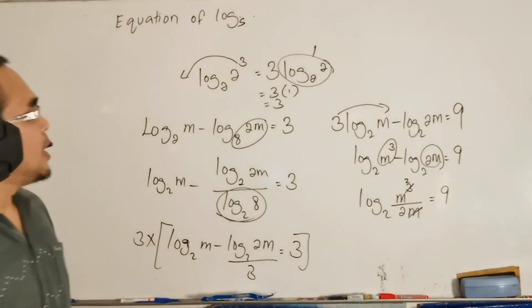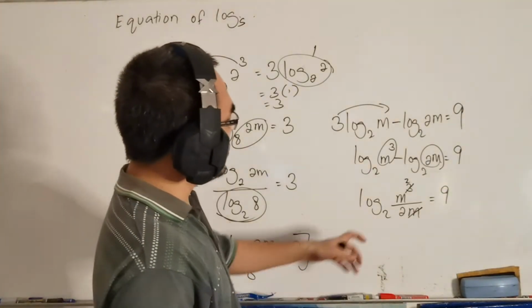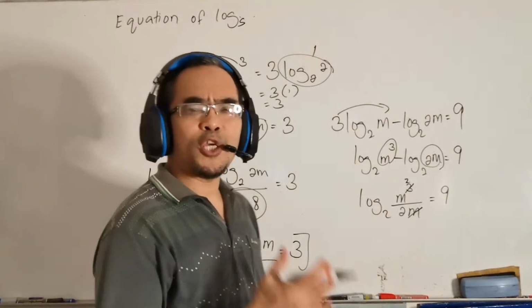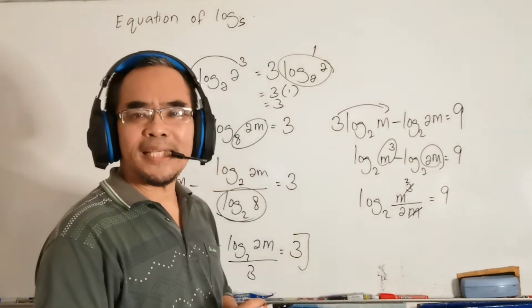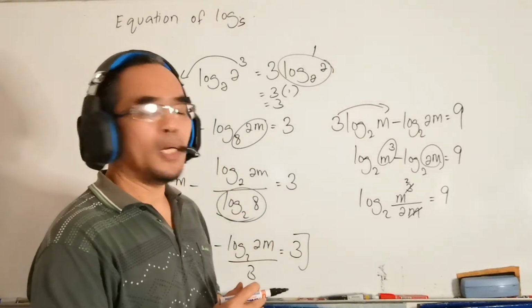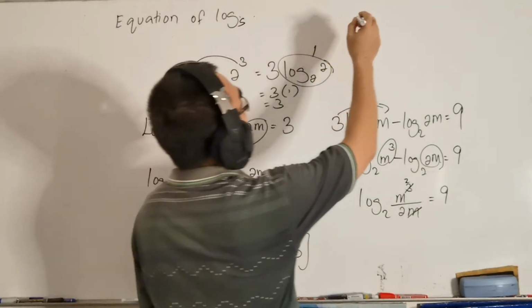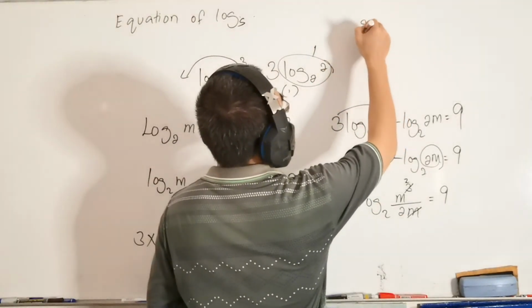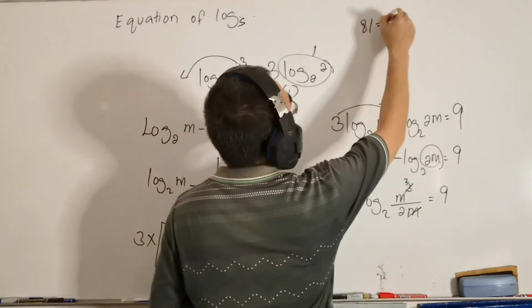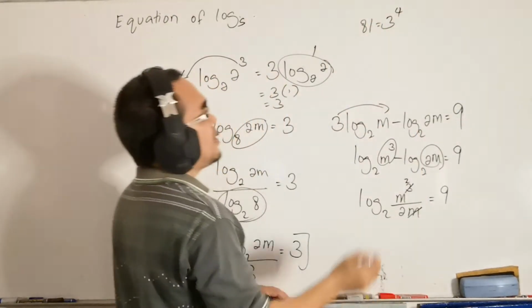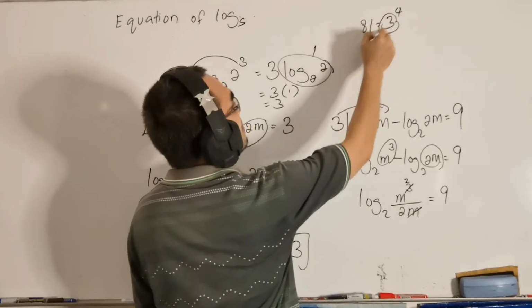Now coming back to how we change an equation of indices to log. Let us review a little bit. If we have 81 equals 3 to the power of 4, so the number here will become log.